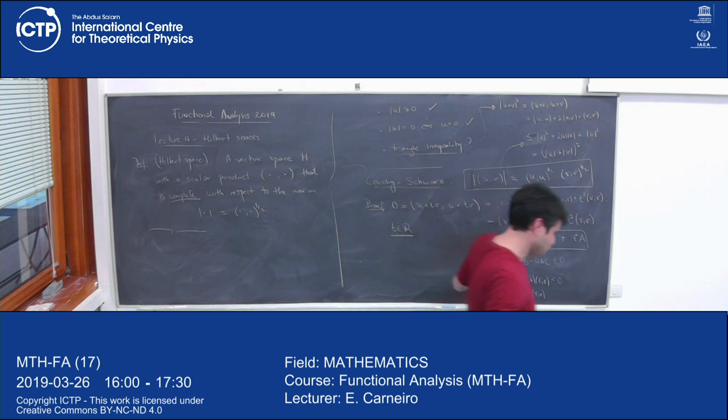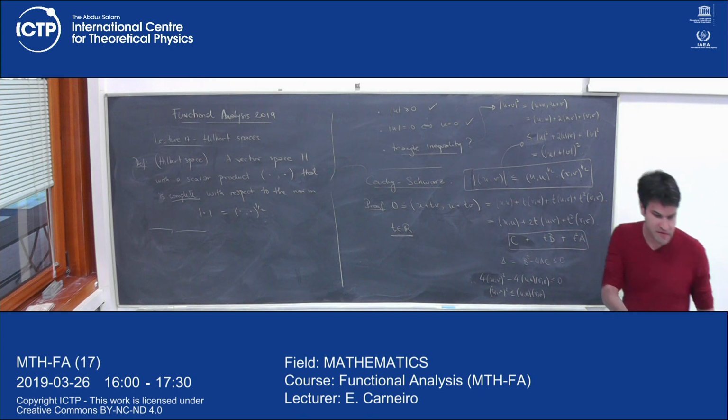So a Hilbert space is just a Banach space with the norm coming from a scalar product.